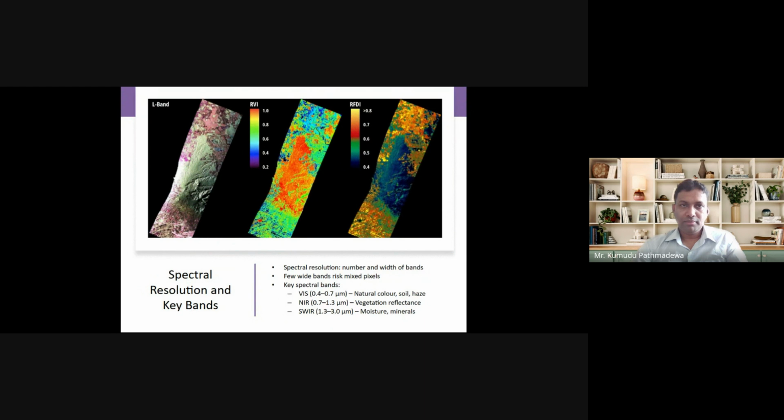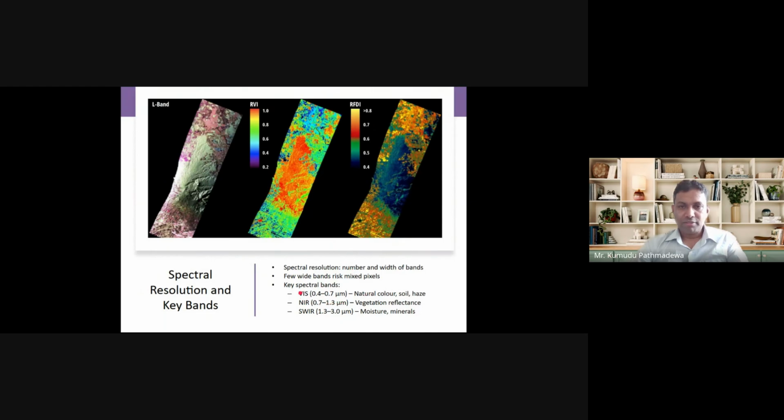As you can see, those are different band combinations, false color images and one true color image.